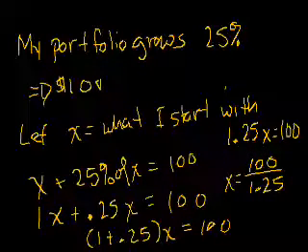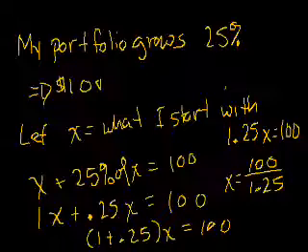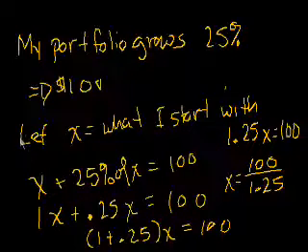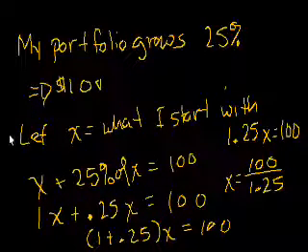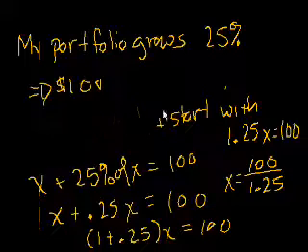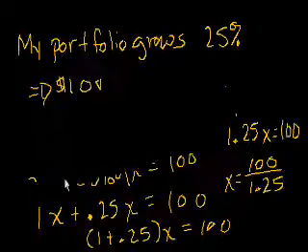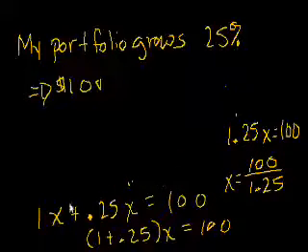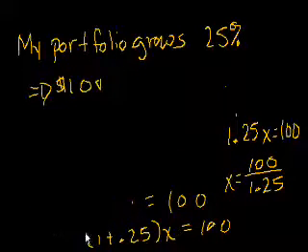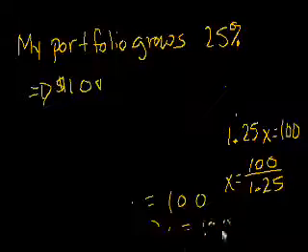So let me make some space here, just because I used up too much space. Let me get rid of my little let x statement. Actually, I think we know what x is, and we know how we got there. If you forgot how we got there, you can rewatch the video.